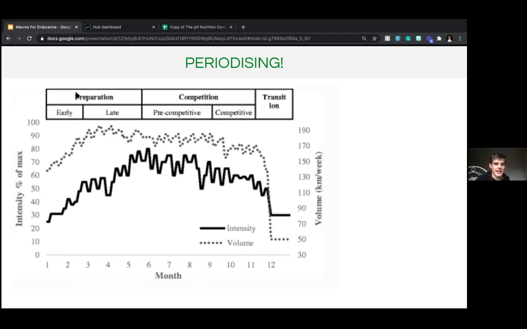So you see that, hey, in the early prep phase, intensity is low, volume's lowish. And so this is the point where if you move back to the carb table or the fat table, the carb ratio and the fat ratio, if we think about it, it's going to be more fats to carbs, and periodizing day to day. So if you're training one day, resting the next day, you're going to have a bit more carbs on that training day.